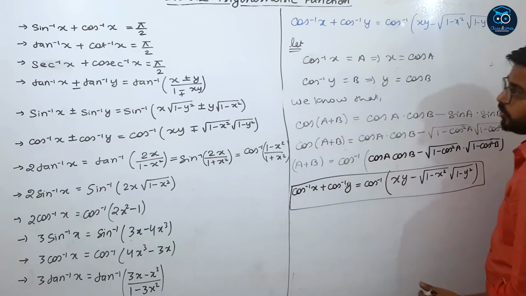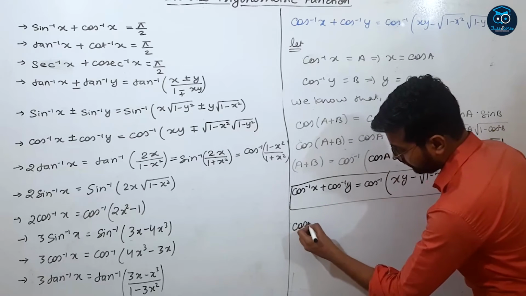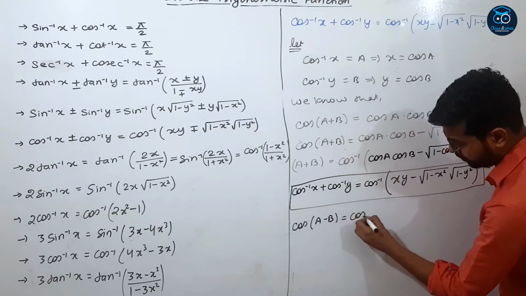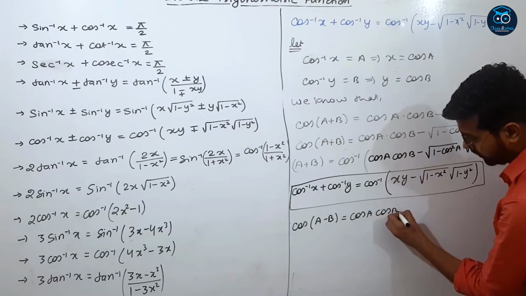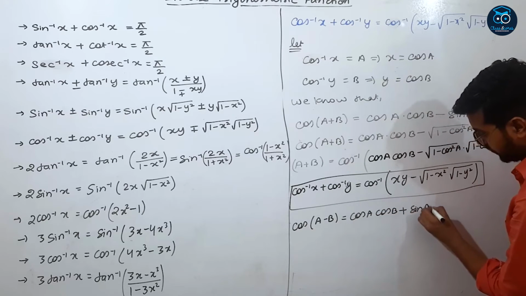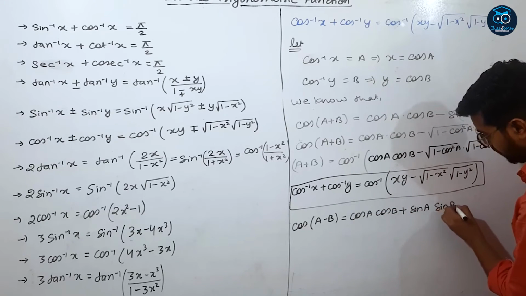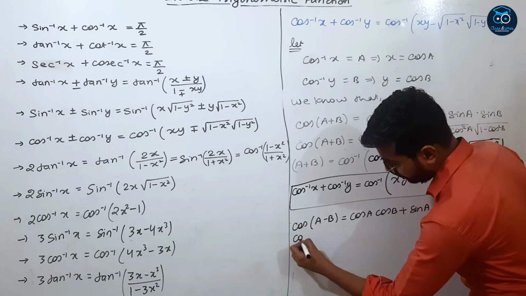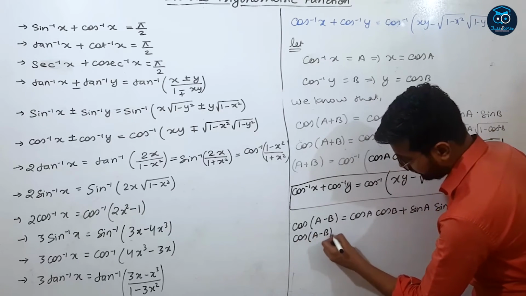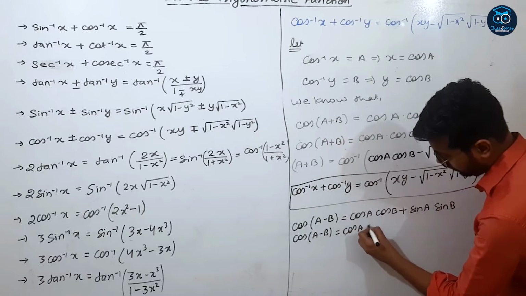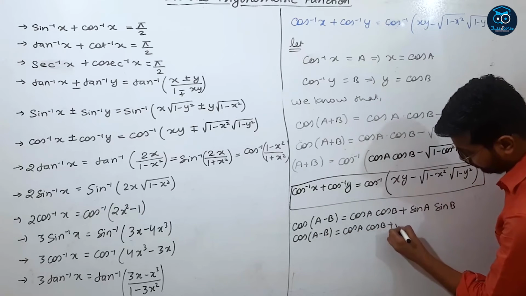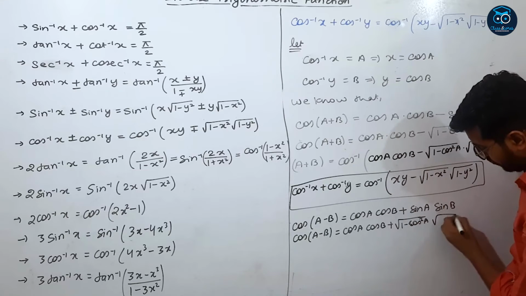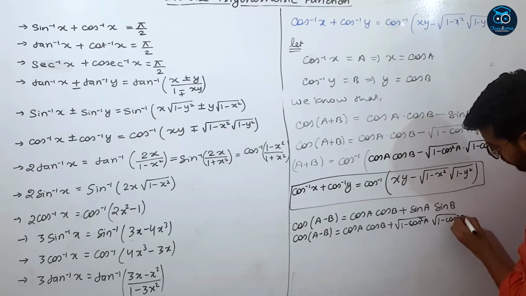Similarly, if we go with the negative term, then cos(a minus b) equals cos a cos b plus sin a sin b. If we convert these sine terms again in terms of cos, then we get cos a cos b plus root of 1 minus cos square a into 1 minus cos square b.